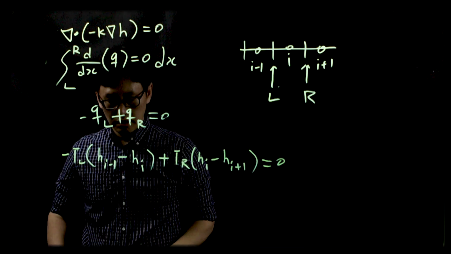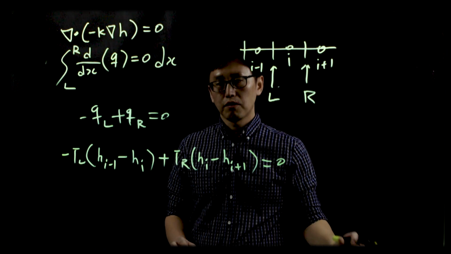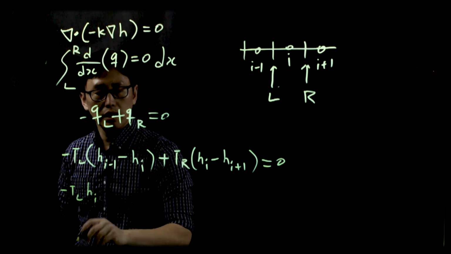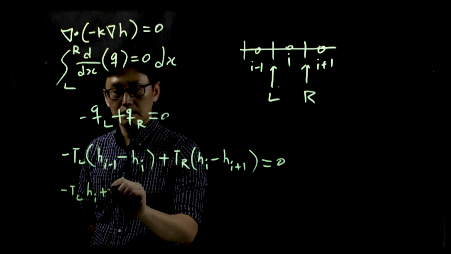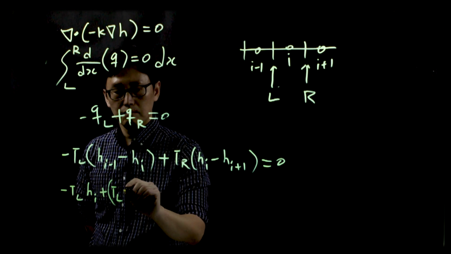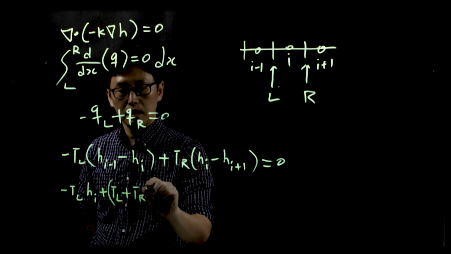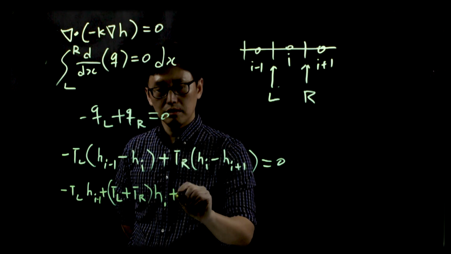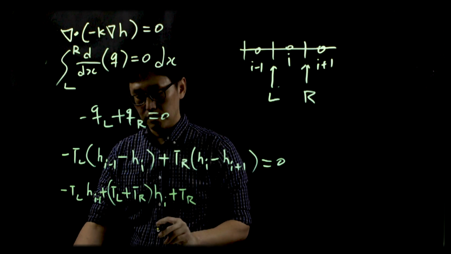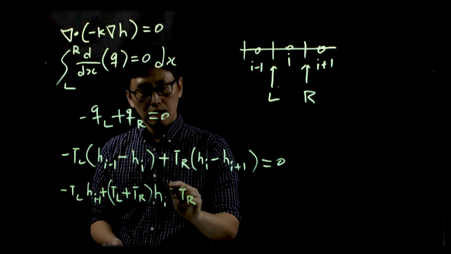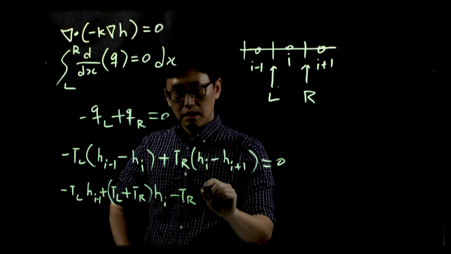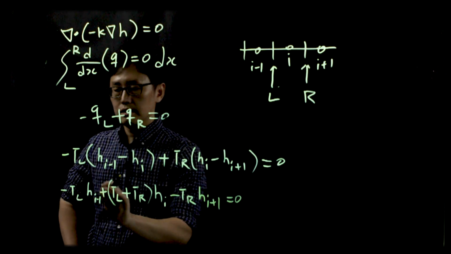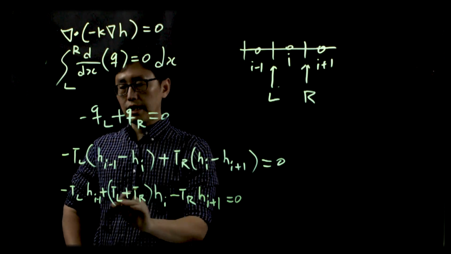And this can be written as, for cell i, minus T_L h_{i-1} plus (T_L plus T_R) h_i minus T_R h_{i+1} is equal to 0. And this is the general expression for cell i.